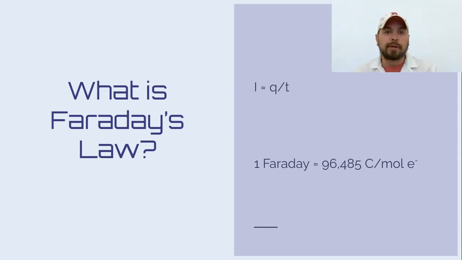The other thing to be aware of with Faraday's law is that there's a new constant. This constant is 96,485 coulombs per mole of electrons. So if I have a mole of electrons that move through a wire, that is going to contribute 96,485 coulombs of charge.